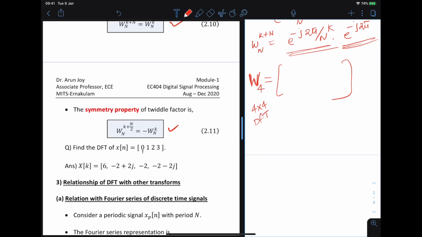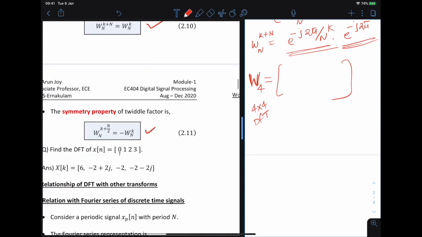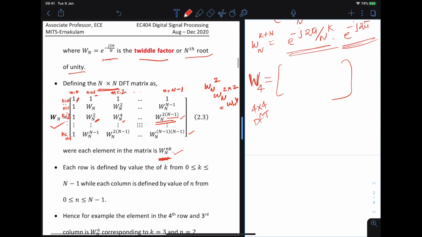Here you just substitute in the initial step. I'll go step by step. If you look into your DFT matrix, the first row and first column will always be equal to 1. There is no question in that. Next, each element will be of the form Wn raised to nk.